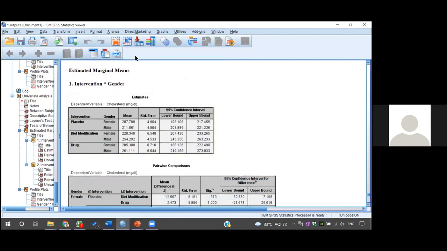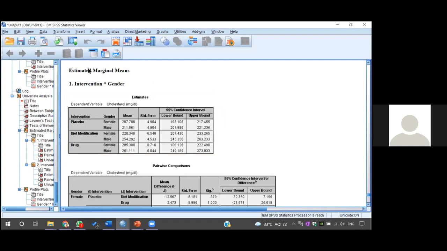So now you have to report this estimated marginal mean. It gives you the estimated marginal mean of the interaction between this intervention and gender. So you can have this table where there is a mean of placebo across male and female along with its confidence interval, diet modification along with male and female along with its confidence interval.